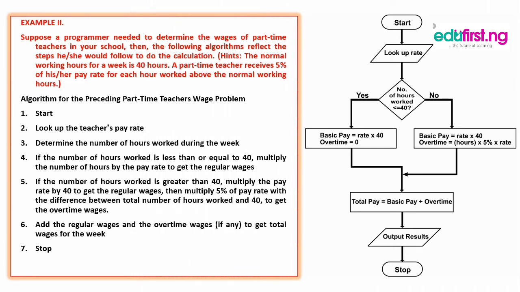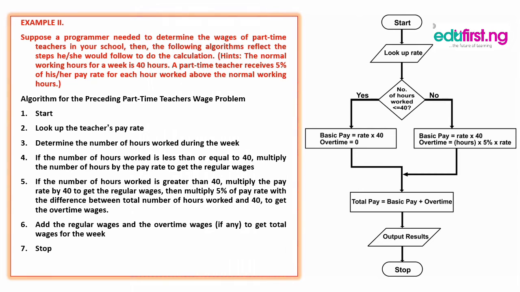Then multiply 5% of pay rate with the difference between total number of hours worked and 40 to get the overtime wages. Add the total wages and the overtime wages, if any, to get total wages for the week. Then stop. And if you look at the screen, you will see the flowchart that represented the algorithm and how you can solve this problem.